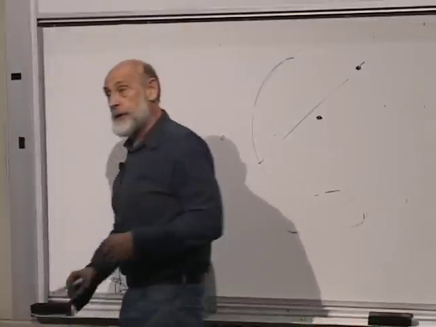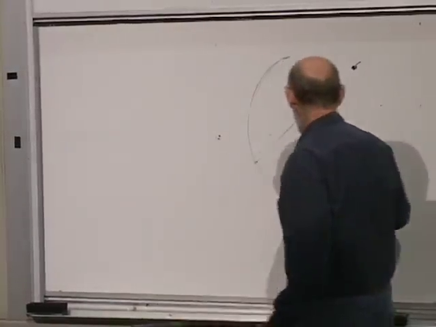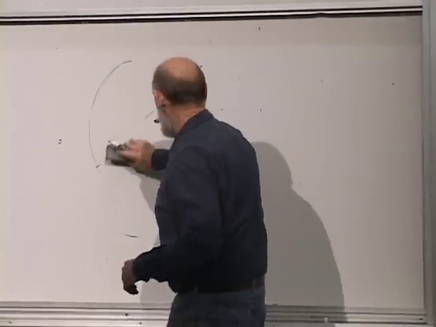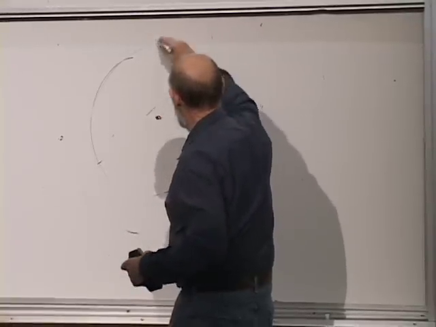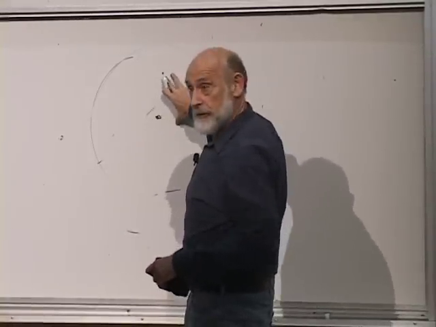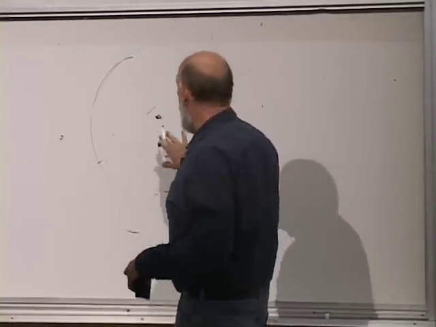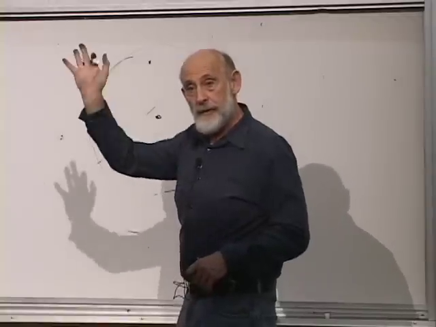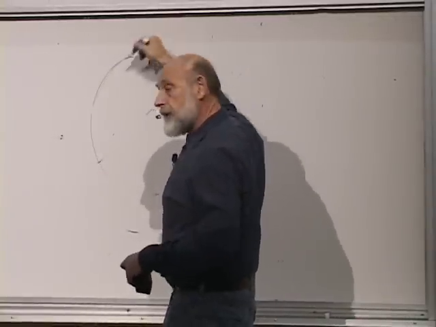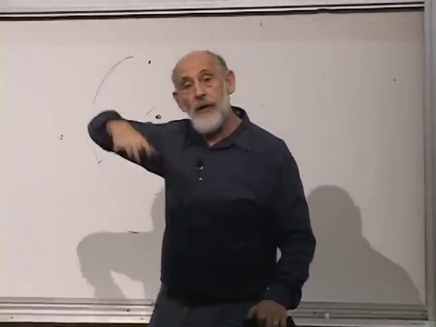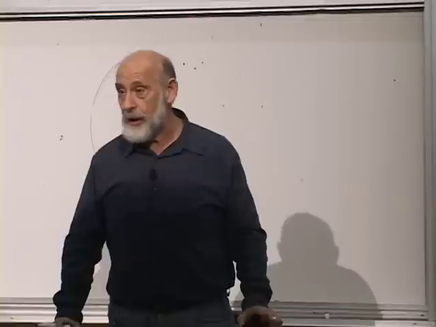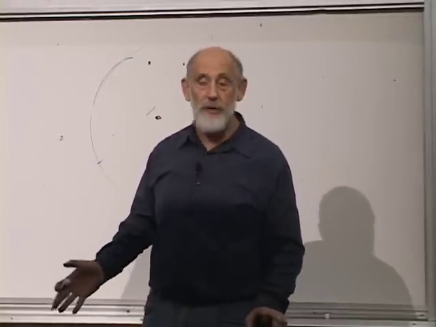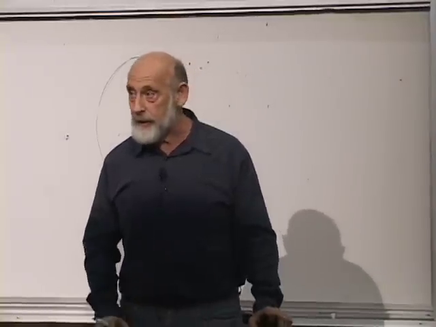And isotropy doesn't imply homogeneity. This fellow at the center here sees isotropy when he looks out, but this is not homogeneous. But if everybody sees isotropy, if everybody sees things being the same in every direction, that does imply homogeneity. So they're not quite independent. They're two different concepts. They're related, though, in a particular way.